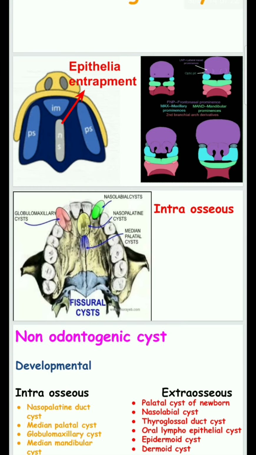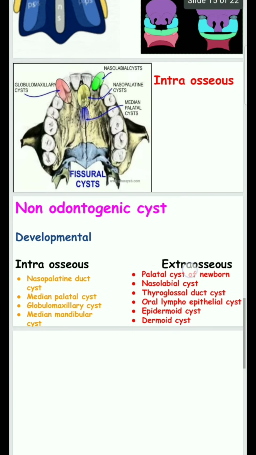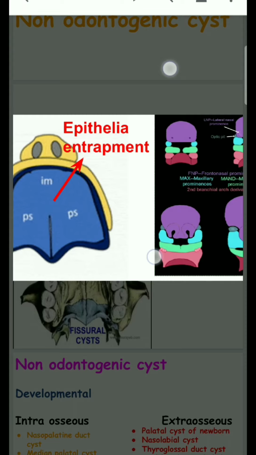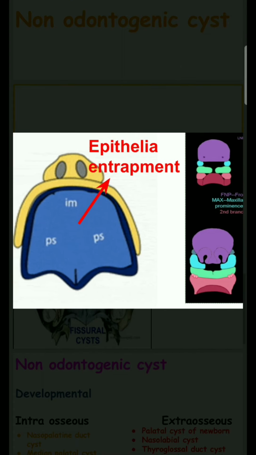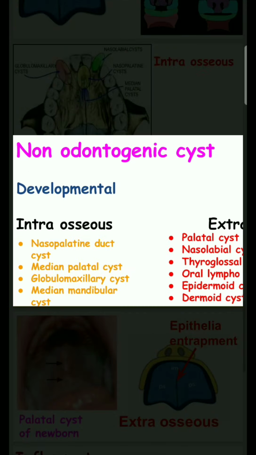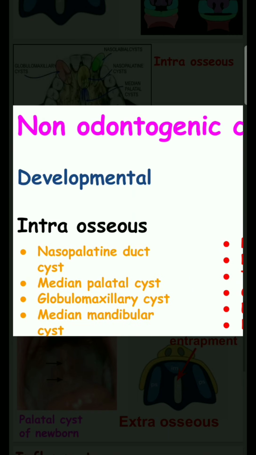Non-odontogenic cysts are not derived from the dental forming cells. They are derived from epithelial entrapment. They are also of developmental and inflammatory types. The developmental type is divided into two: intraosseous and extraosseous. The intraosseous type includes nasopalatine, median palatal, globulomaxillary and median mandibular cysts.